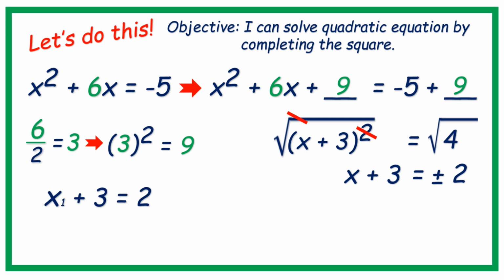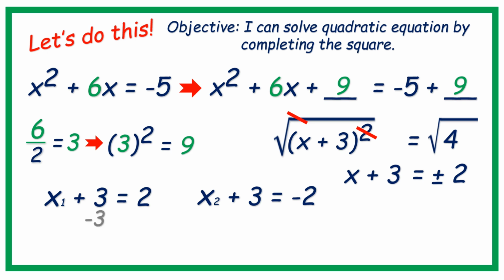So we have x sub 1 plus 3 equals positive 2. Then x sub 2 plus 3 equals negative 2. We just separated the positive and the negative. Let's continue.